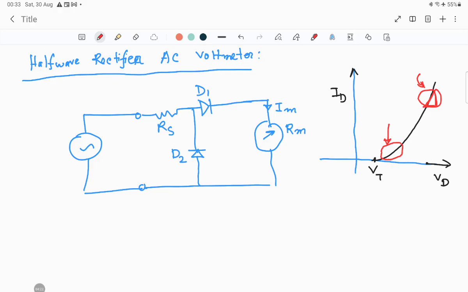So linearity should be maintained, but if the current ID flowing through the diode becomes very low, then there is a problem of non-linearity.